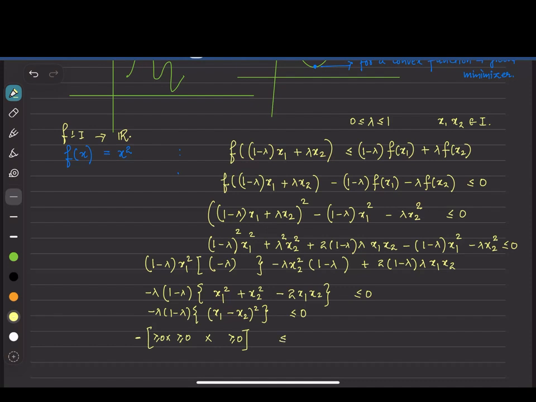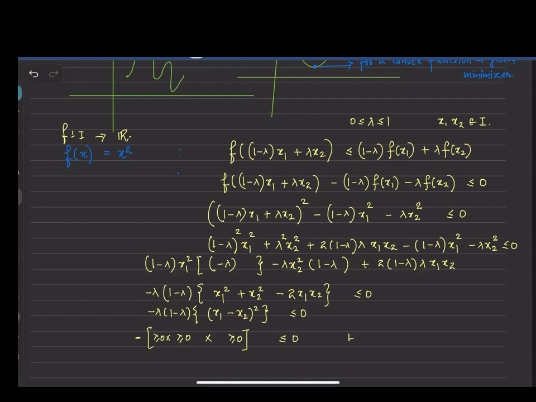So this implies f(x) equals x square is convex. There is something more that we can conclude, which is in fact the notion of a strict convex. What is that? This is proved.